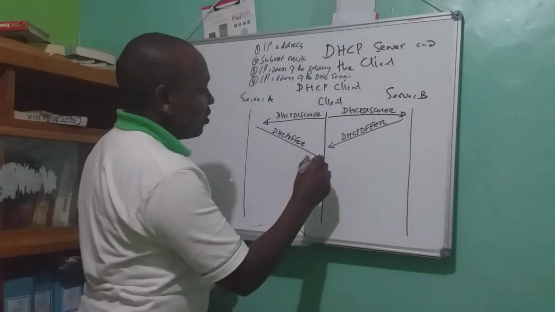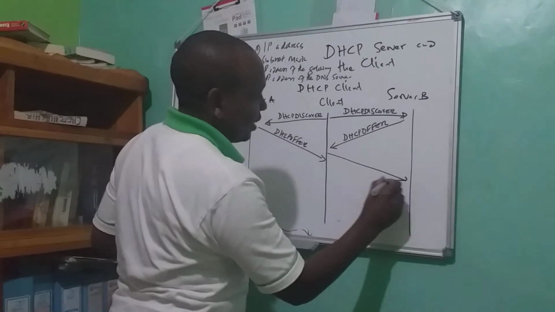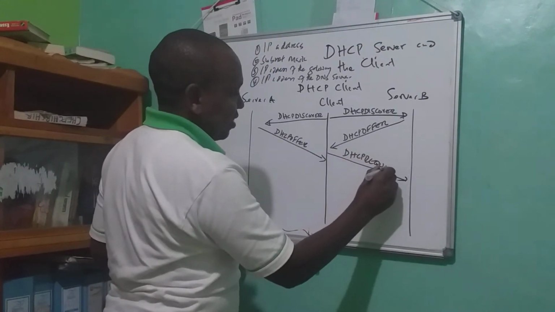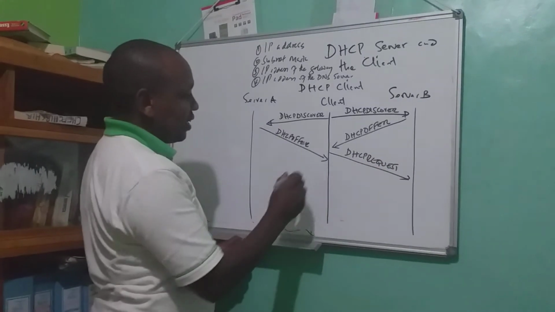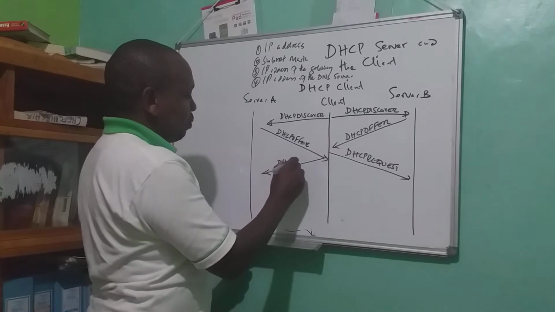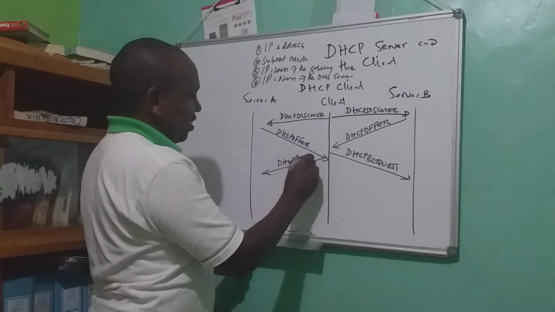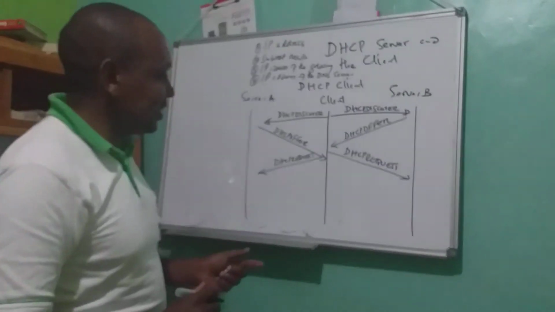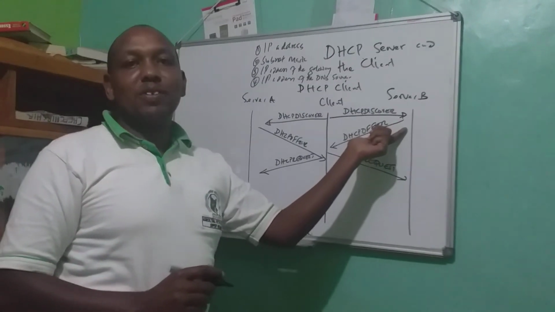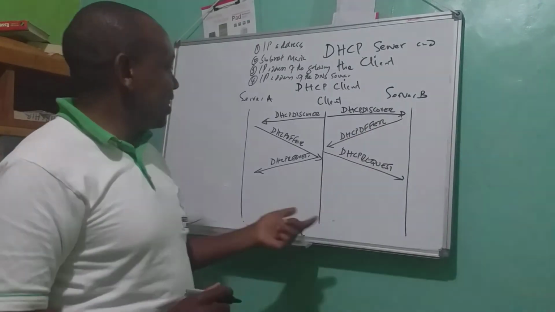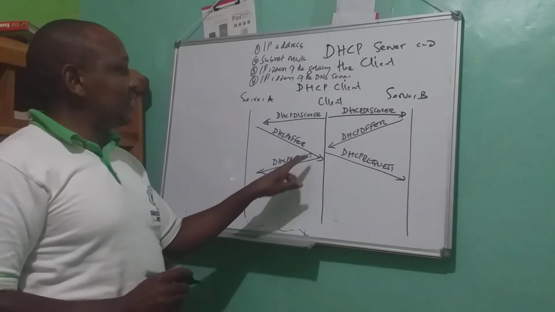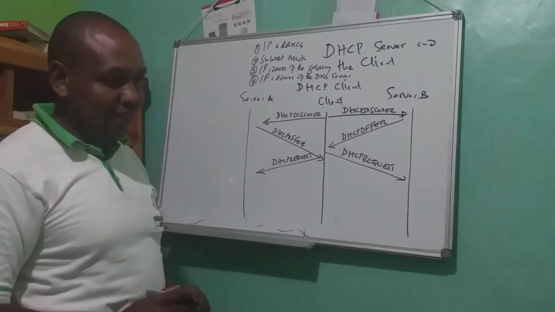So it will now request, it will now send what we call a DHCP request message. This DHCP request message is broadcasted. But the catch is this DHCP request message has the parameters from server B. And therefore, server A doesn't have the parameters that the client is requesting.